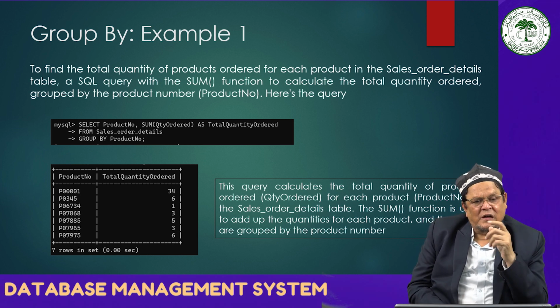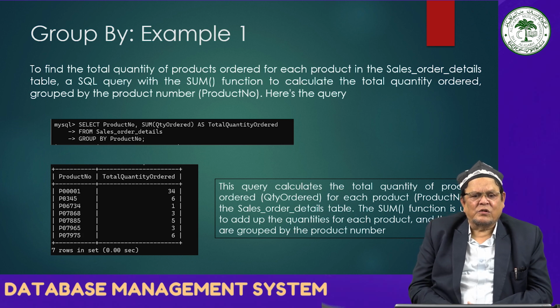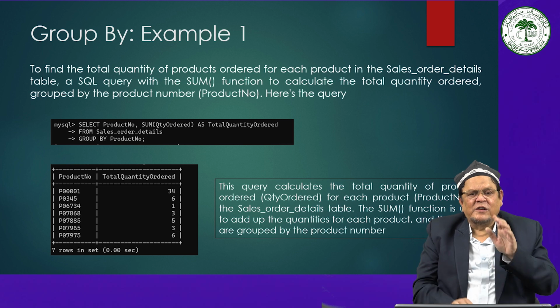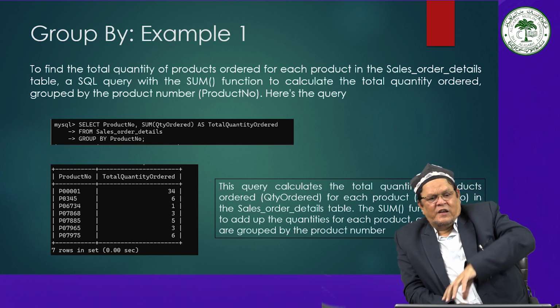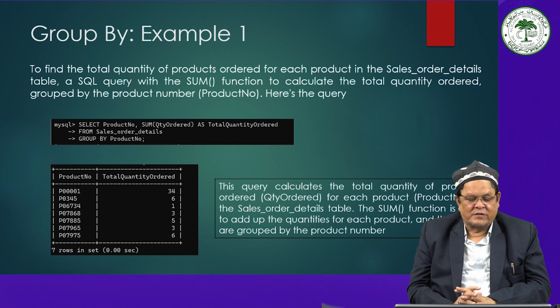The statement is select product number, sum quantity order as total quantity ordered from sales order details group by product number. When you enter, it will display product number and total quantity ordered on the screen.